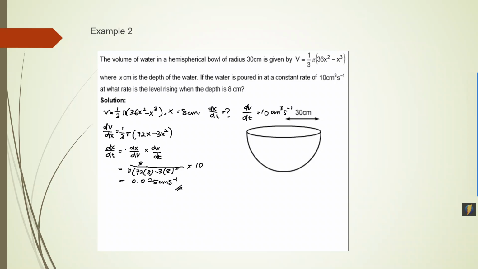Then when we need to find dx over dt, we just substitute x with 8, so 3 over pi times (72 times 8 minus 3 times 8 squared), times 10. So the answer is 0.025 cm per second.